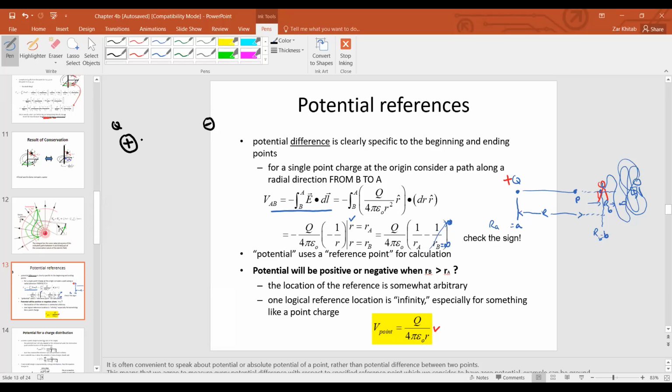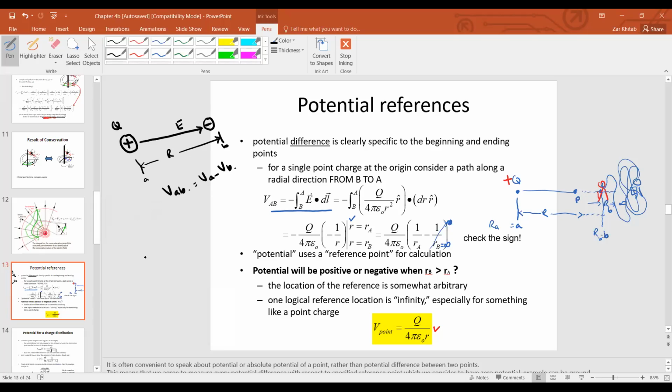And you know that there's an electric field here. Now of course, if both the charges are in the field of each other, say this is point A, this is point B, you have potential difference VAB, which is VA minus VB. So you have a potential difference.